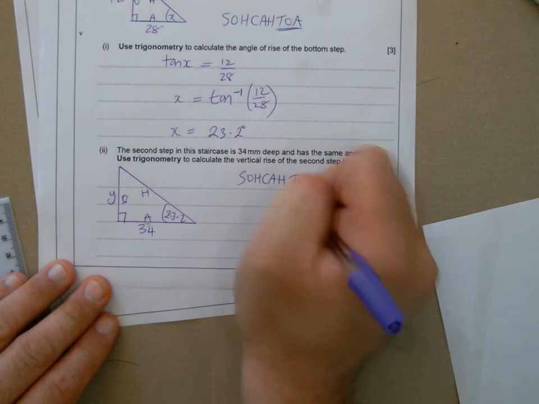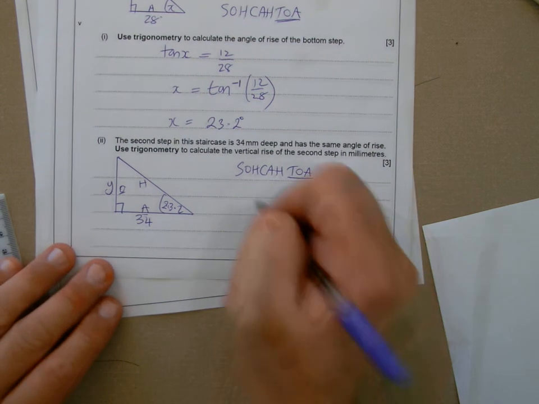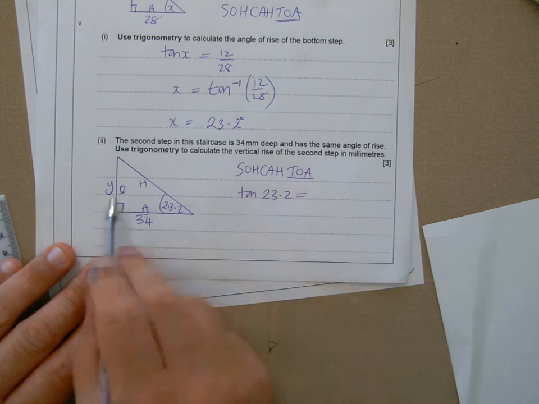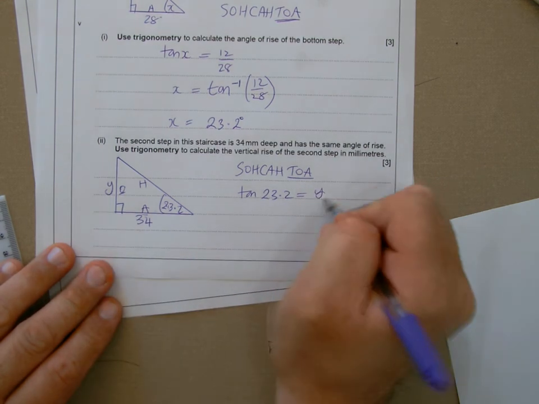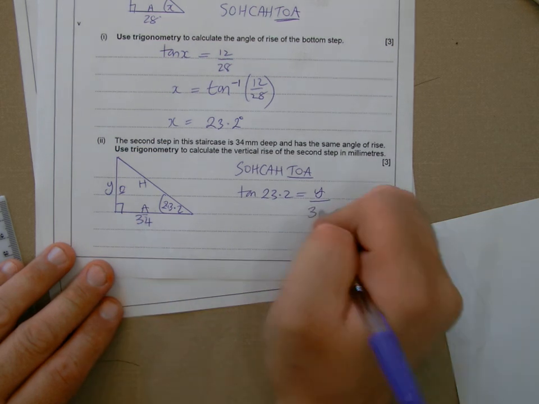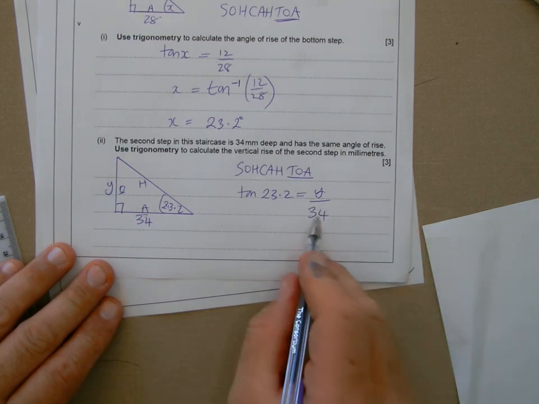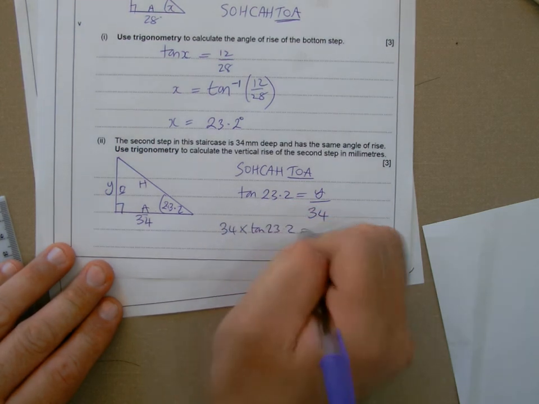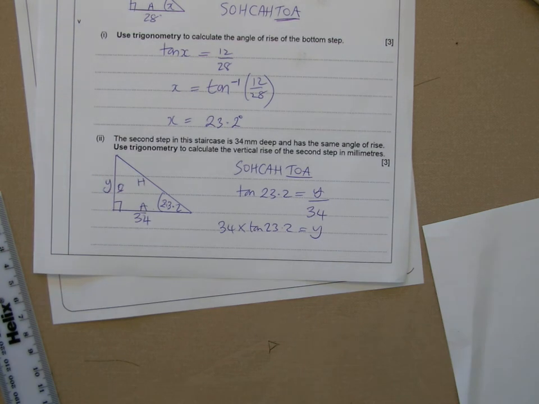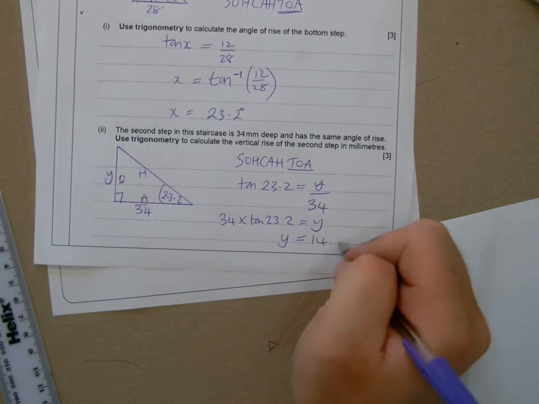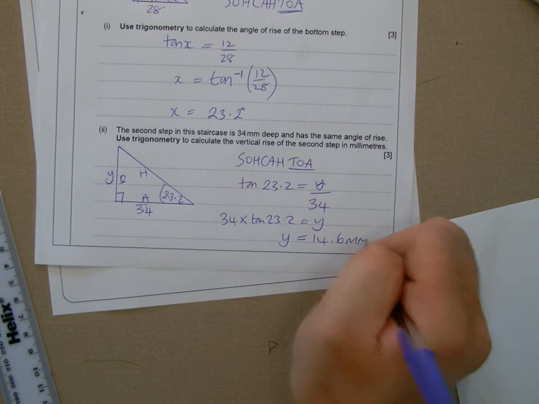So tan of the angle, 23.2, will equal O, which I called y, over A, which is 34. To get y, all I've got to do is take the 34 over and multiply. So on my calculator, 34 times tan 23.2, and I get my height to be 14.6 millimeters, to one decimal place.